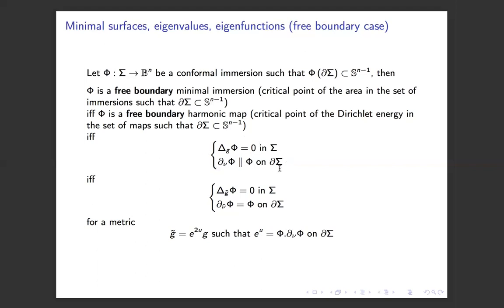And this is true if and only if the coordinates of phi are in fact Steklov eigenfunctions associated to some metric which is conformal to the previous one, where the conformal factor, as before, is defined as a density of energy with respect to the map.